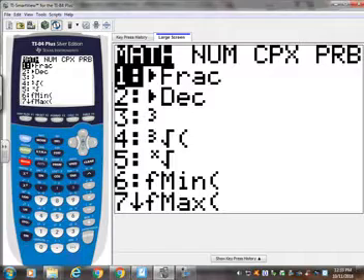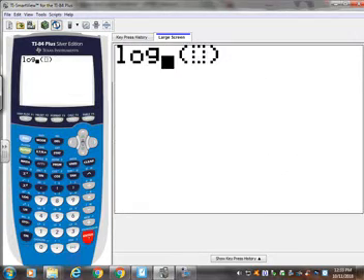All right, Math. Do you see how it gives you what that looks like? So all you've got to do is type it in there, hit the arrow over, and type in the other part. For you, it's a little different. It's not hard, but it's different.